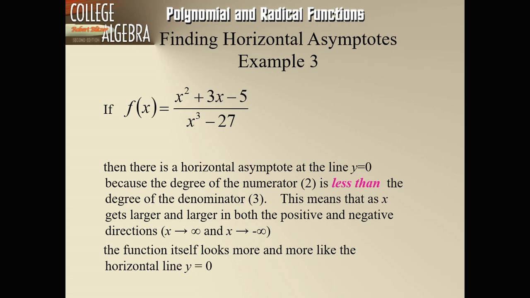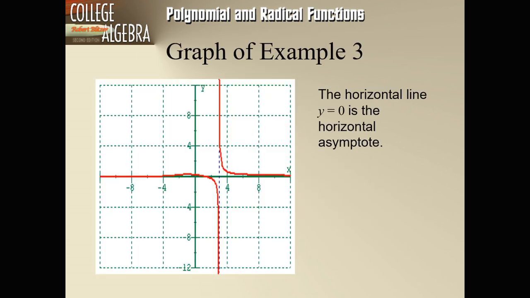So, because the degree of the numerator, 2, is less than the degree of the denominator, which is 3, this means that as x gets larger and larger in both the positive and negative directions, the function itself looks more and more like the horizontal line y equal to 0. Okay, tingnan natin.